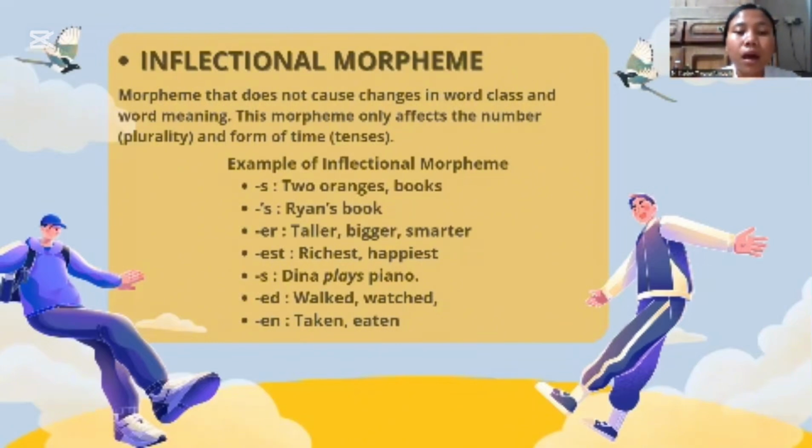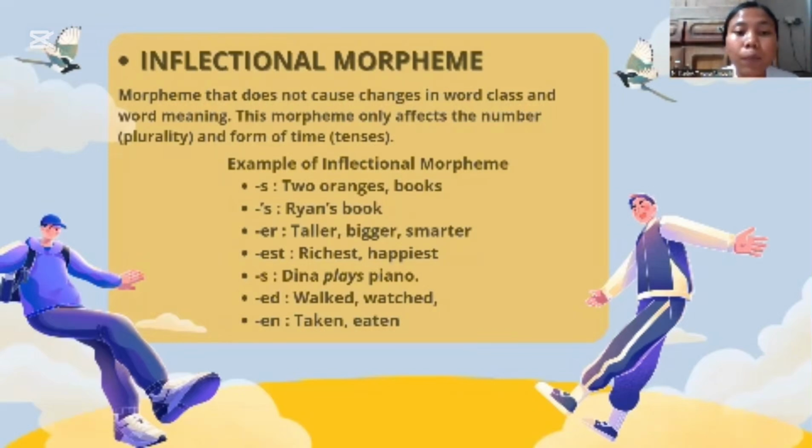The first example of the inflectional morpheme is s. S shows the change from singular to plural. For example, in the words two oranges and books, the base word that is singular changes to plural.